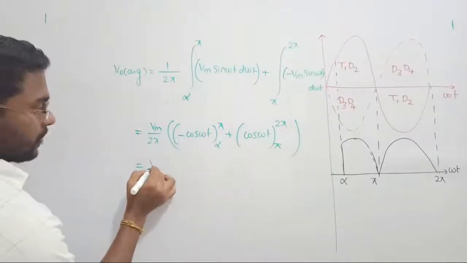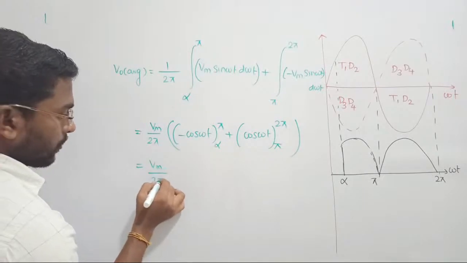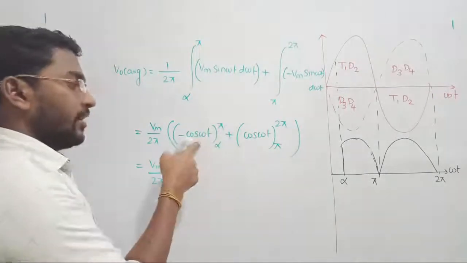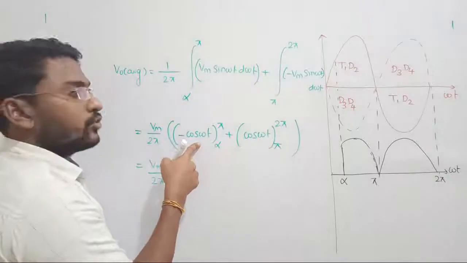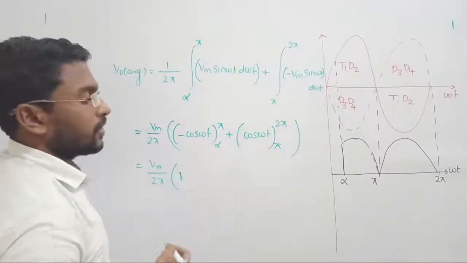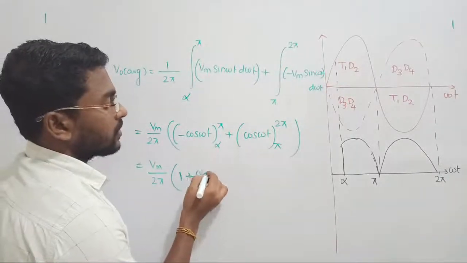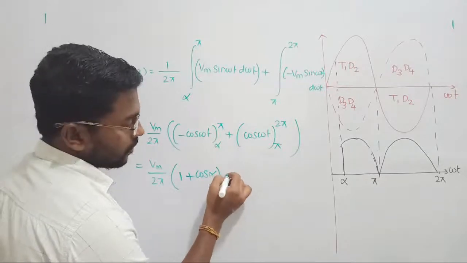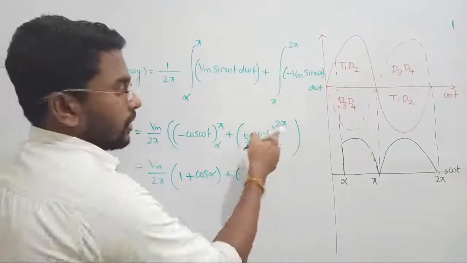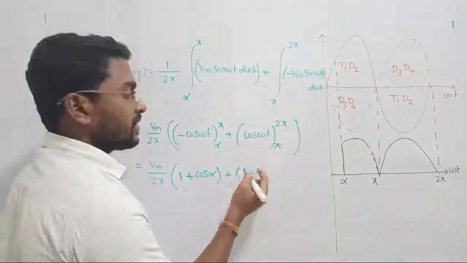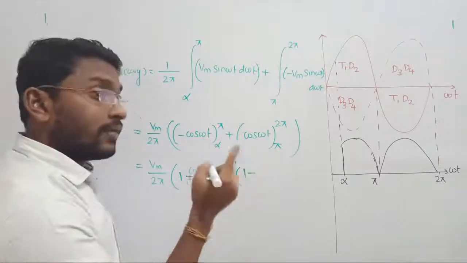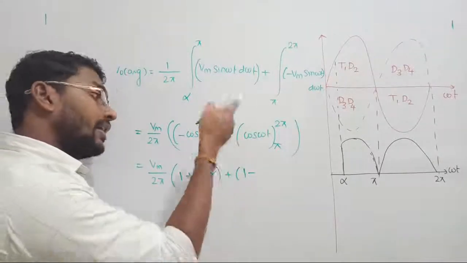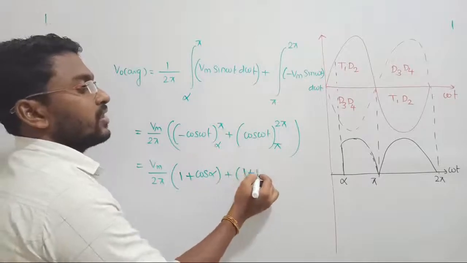So your answer is going to be Vm by 2 pi. Upper limit: cos pi minus 1. Already we have one more minus such that it becomes plus 1. Lower limit will become 1 plus cos alpha, plus this one cos 2 pi, 1 minus cos pi. Cos pi gives minus 1. In the integral limit we have one more minus such that we have plus 1.